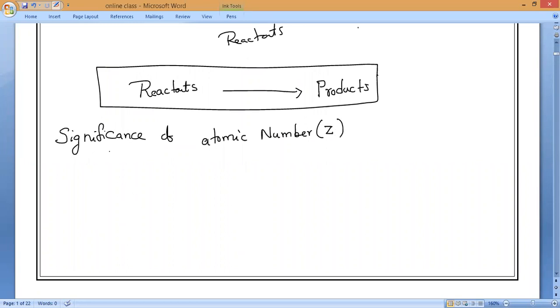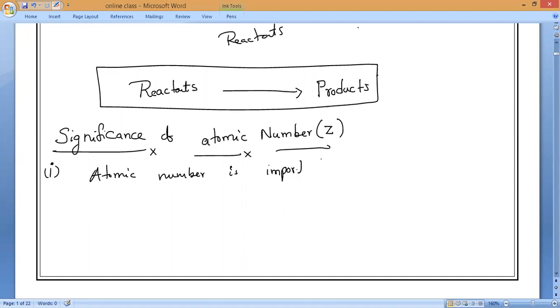Z. Please remember, atomic number is Z. First point: atomic number is important for distinguishing one element from another.